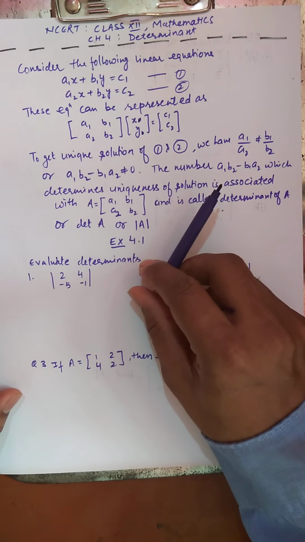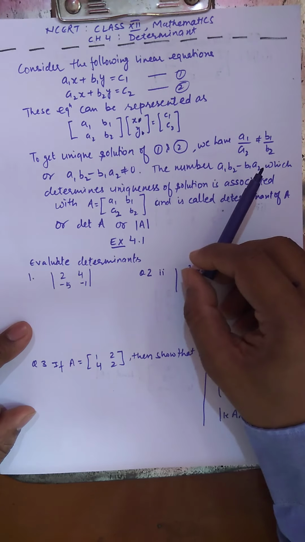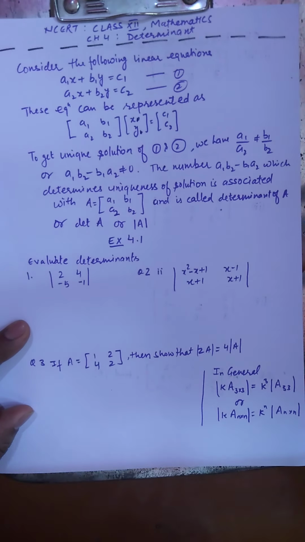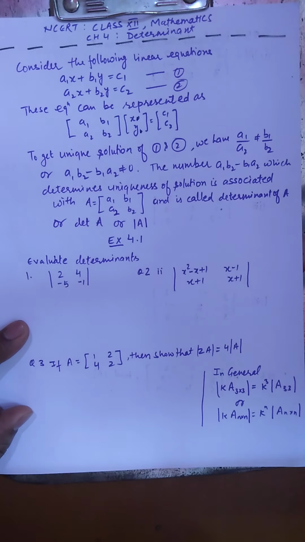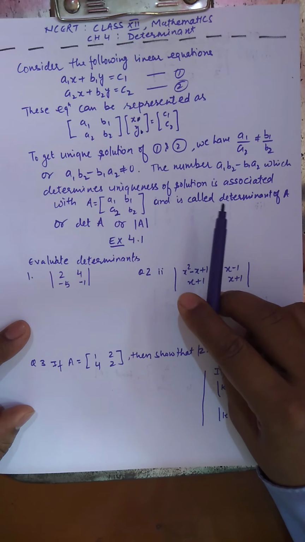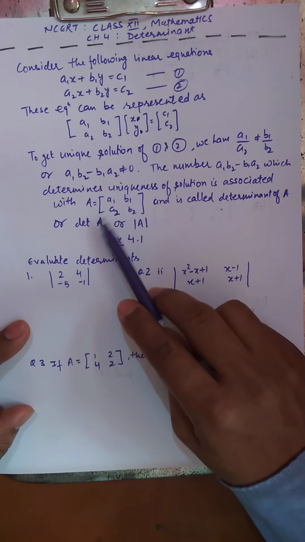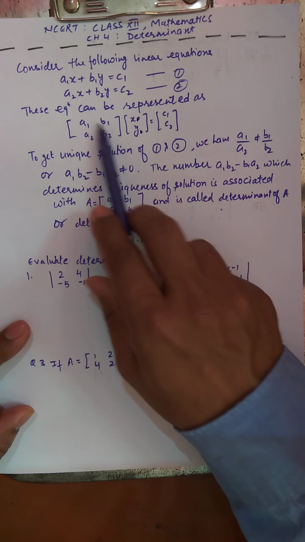So the number a1 b2 minus b1 a2, which determines the uniqueness of the solution, is associated with this matrix A, which is this first one.